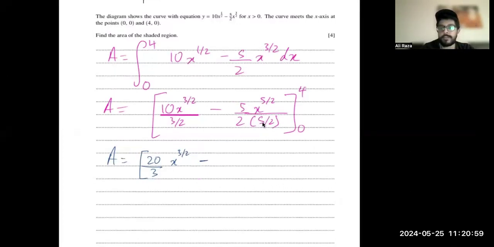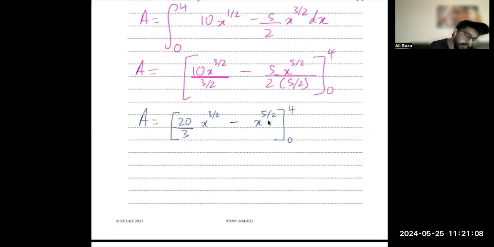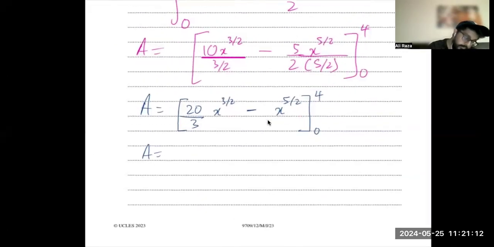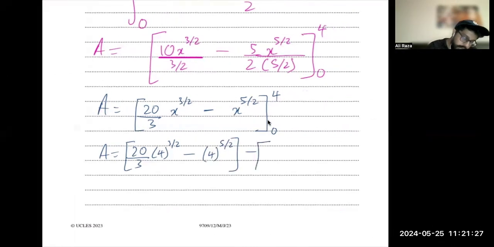5 over 2 divided by 5 over 2 gets cancelled out. So we have x power 5 over 2 remaining over here. Now we'll plug in the limits. So we'll plug in the upper limit. And we'll subtract the value we get when we plug in the lower limit.